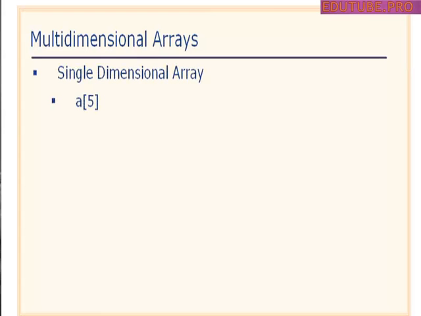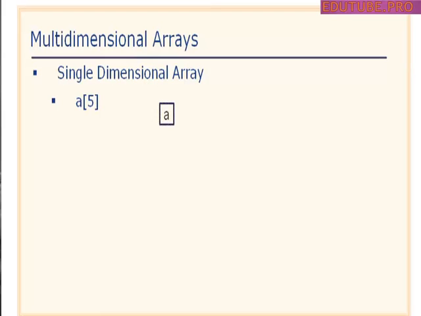Well, let's talk about multi-dimensional arrays by first getting a good visual of what a single dimension array is. Notice if we create an array using this kind of setup here, A, and then inside our square brackets we put 5, this is telling us we want a variable A with 5 indexed positions.